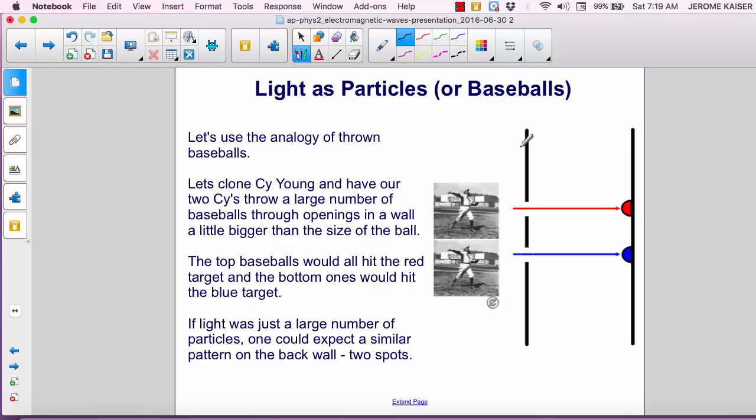The top baseballs would hit the red target, and the ones thrown by the bottom Cy Young would hit the blue target. If light was just a large number of particles, one could expect a similar pattern on the back wall, two bright spots, each spot directly across from the opening.